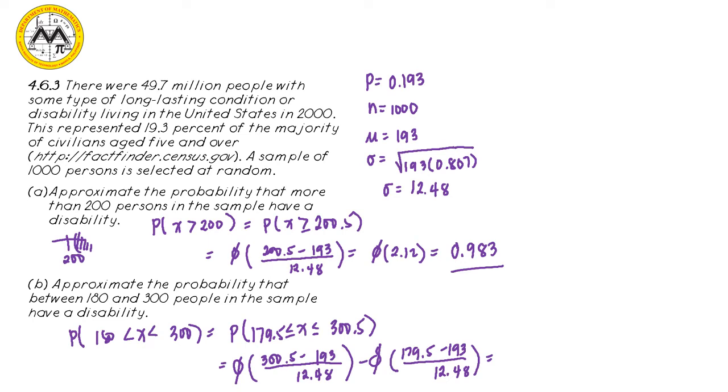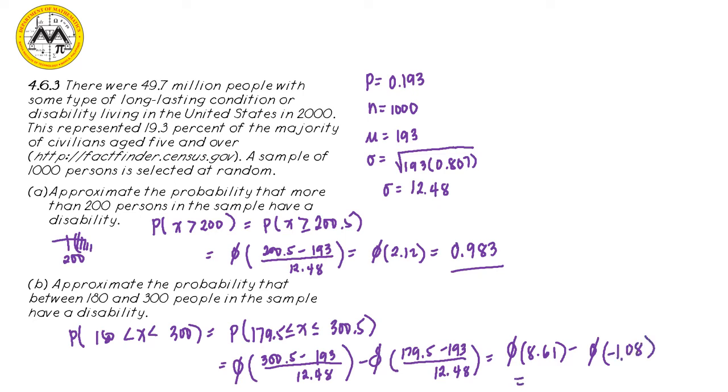So 300.5 minus 193, divided by 12.48, this is 8.61. And for the lower limit, 179.5 minus 193 divided by 12.48, this is negative 1.08.